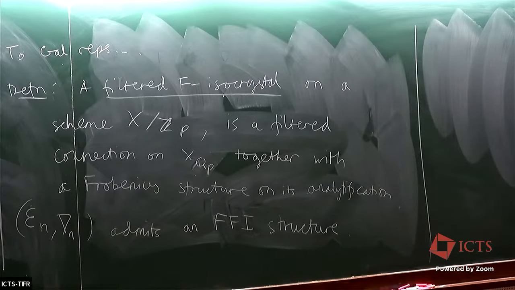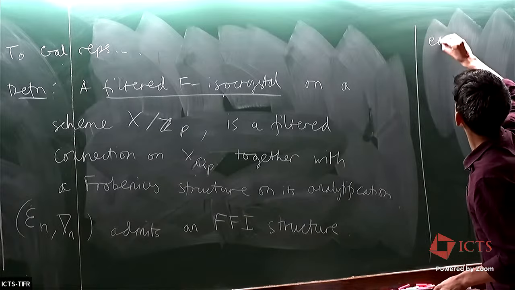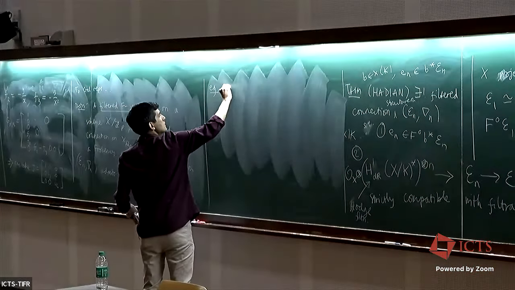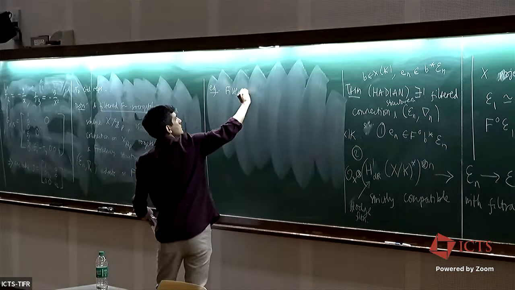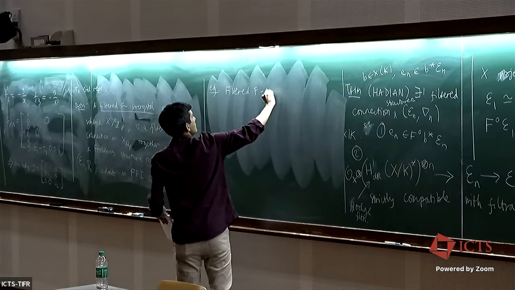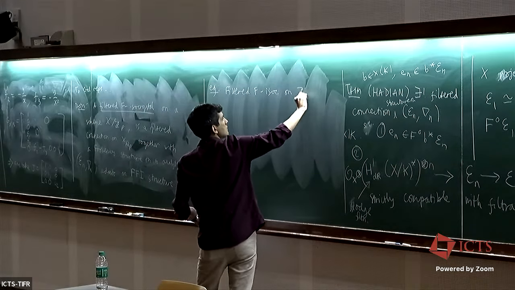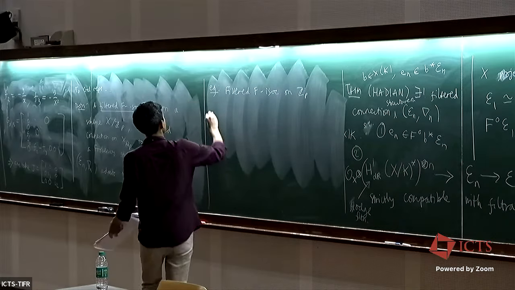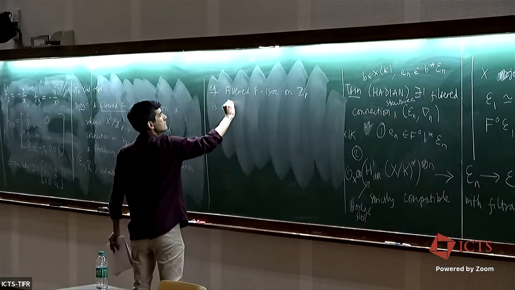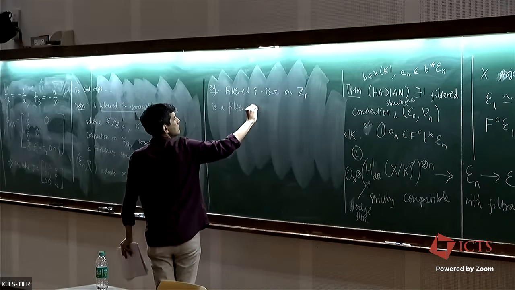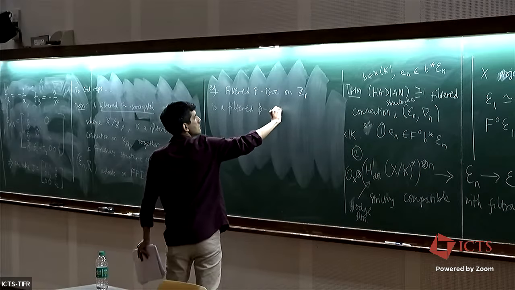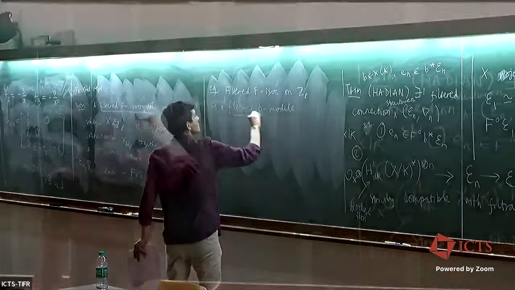A nice example of a filtered F-isocrystal is a filtered F-isocrystal just on Z_p. This is what's called a filtered phi-module.